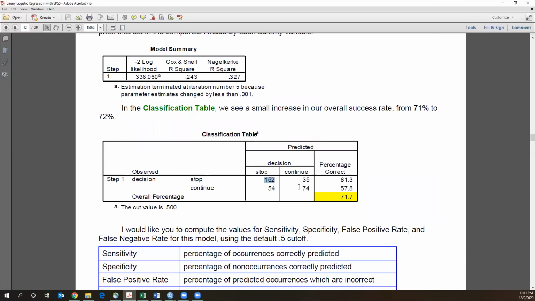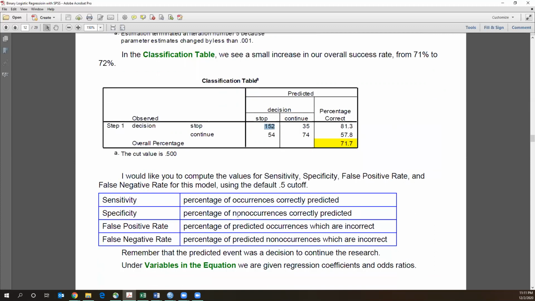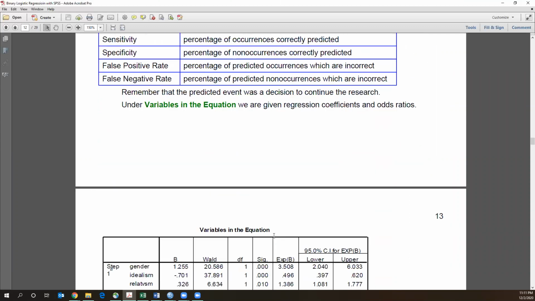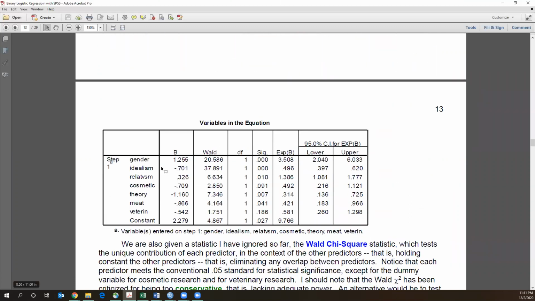So this is sensitivity, and this one is specificity. Then you have your false positive and your false negative rates as well. This is the larger formula of creating a prediction, an odds prediction equation. So in this, we can see which ones are significant: cosmetic not so much, meat not so much, veterinarian not so much.